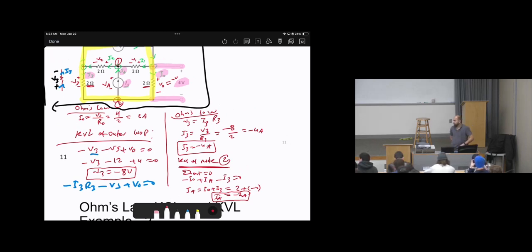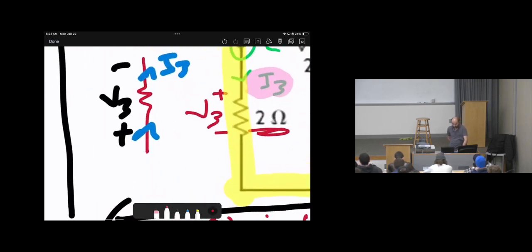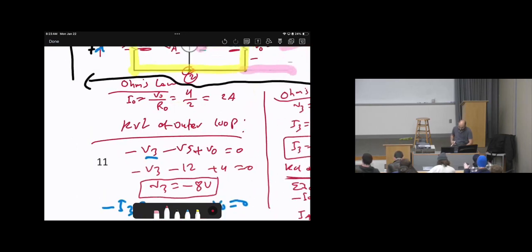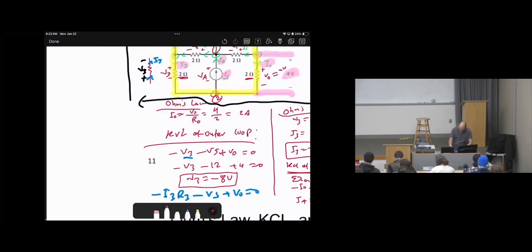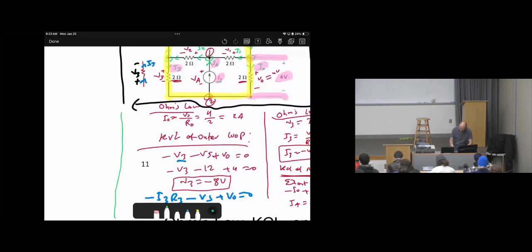Yes. If we were to assume the current was flowing in the opposite direction for V3, how would that change? So basically, if we assume it goes up, so the voltage will be positive. So when you do your analysis, you can try it, but I'm going to tell you the answer.